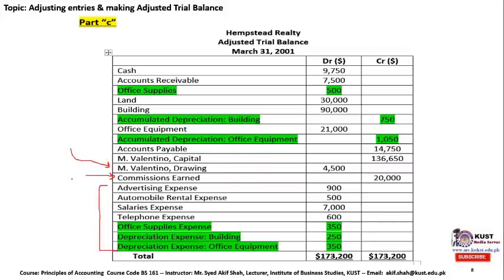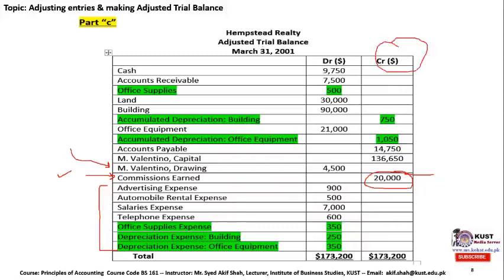So we'll start from the revenue portion to close the entries. First of all, we have to close down this commission earned so that when the next time period starts, the commission earned account has a zero balance. As we know, the commission earned is in the credit column in the adjusted trial balance.